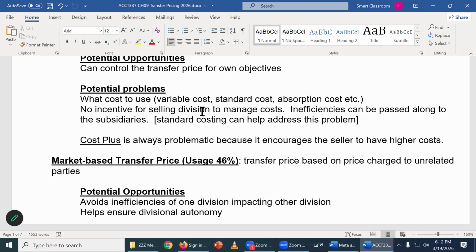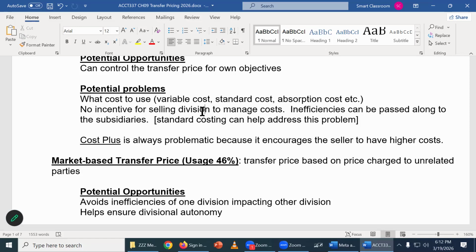By increasing its costs. Would you rather have 10% of 100 million or 10% of 120 million? So the problem with cost plus is that a lot of times these costs get inflated. There is no incentive to curb the costs if it's cost plus.